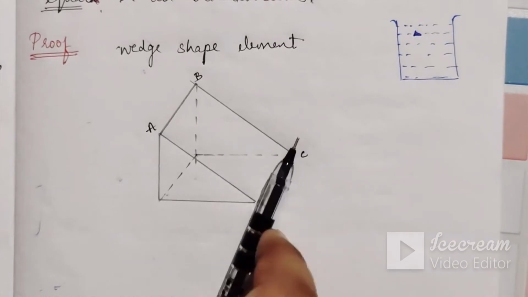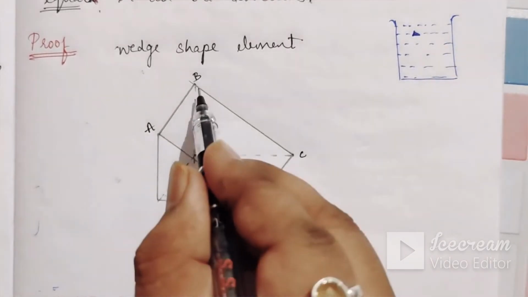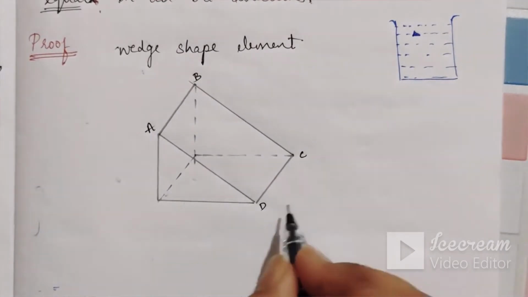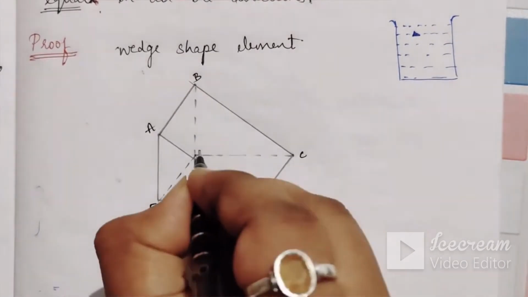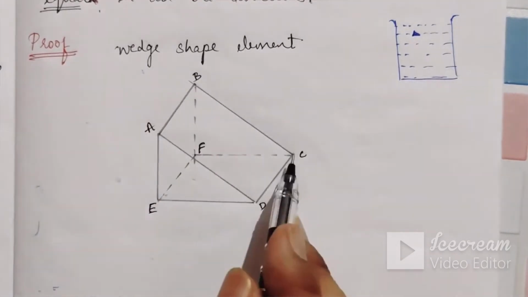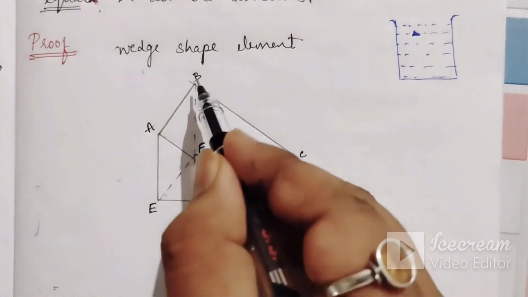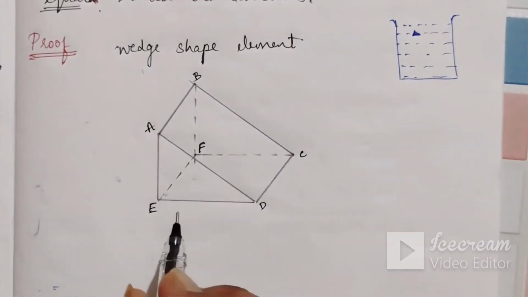This wedge has three faces, no? So the first face is done. Now the second face: A, B, E, F. So A, B, C, D is the first face, and A, B, E, F is the second face, which is this one.